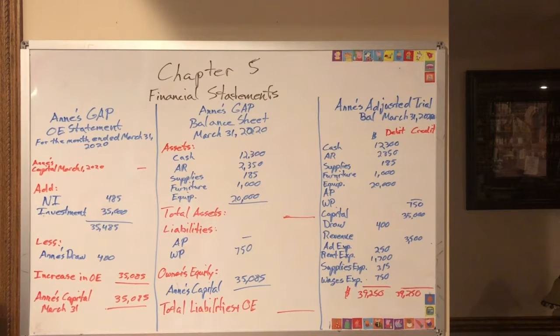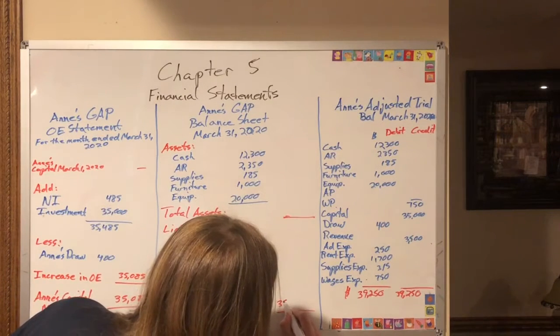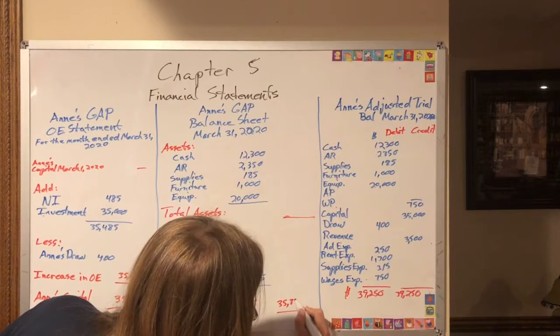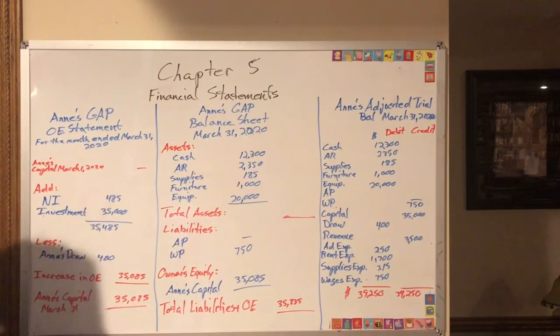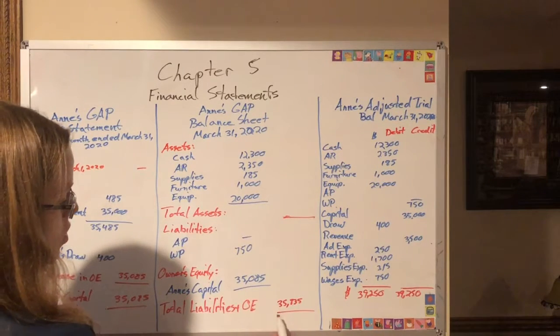Now when we add them up together, we find that we have $35,835 in total liabilities and total owner's equity.